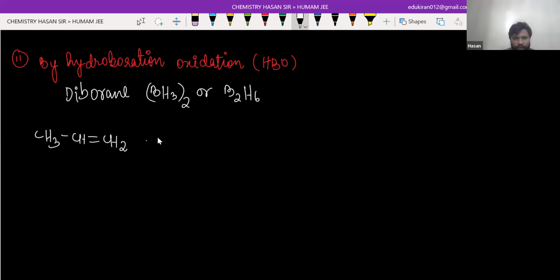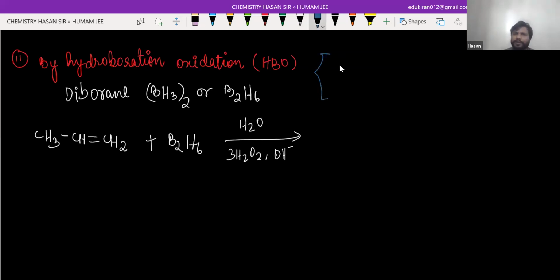And you are going to react this with B2H6 in the presence of water and hydrogen peroxide in the presence of alkaline medium, OH negative. You are going to take 3 moles of this in order to balance it. What will happen for this reaction? You are going to especially follow anti-Markovnikov.